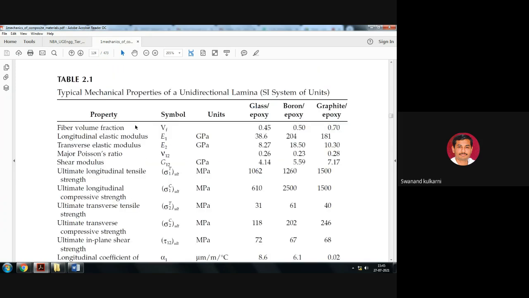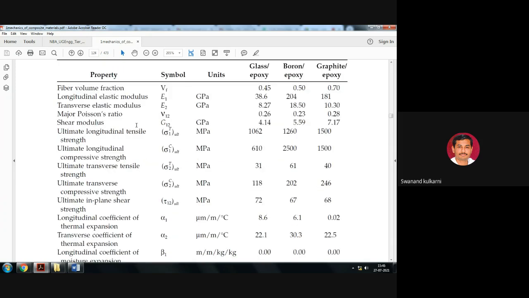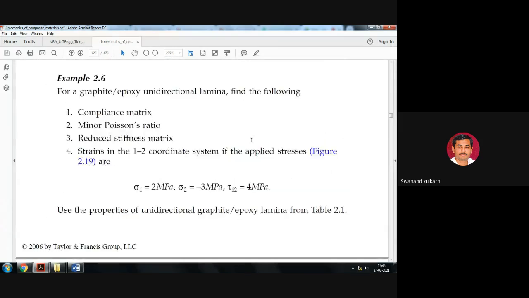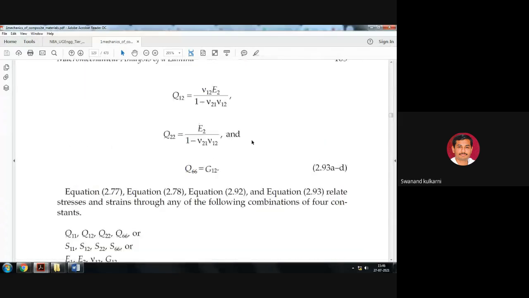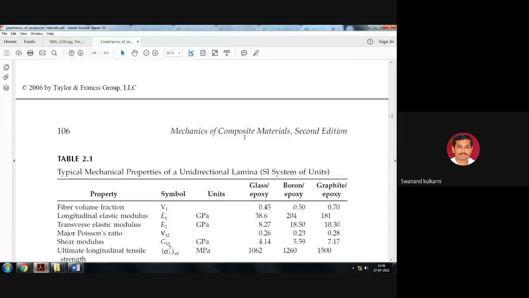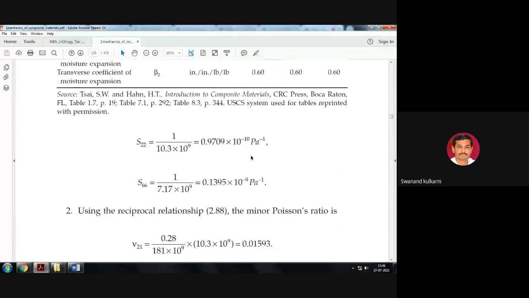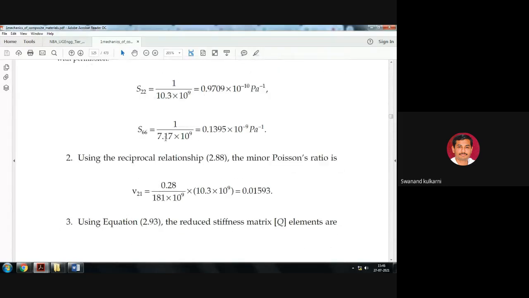So when we go for this table 2.1 here, we get the values of glass epoxy, boron epoxy, etc. And as far as this equation 2.94 is concerned, that equation is used. In macro mechanical analysis, what we have already carried is given here.